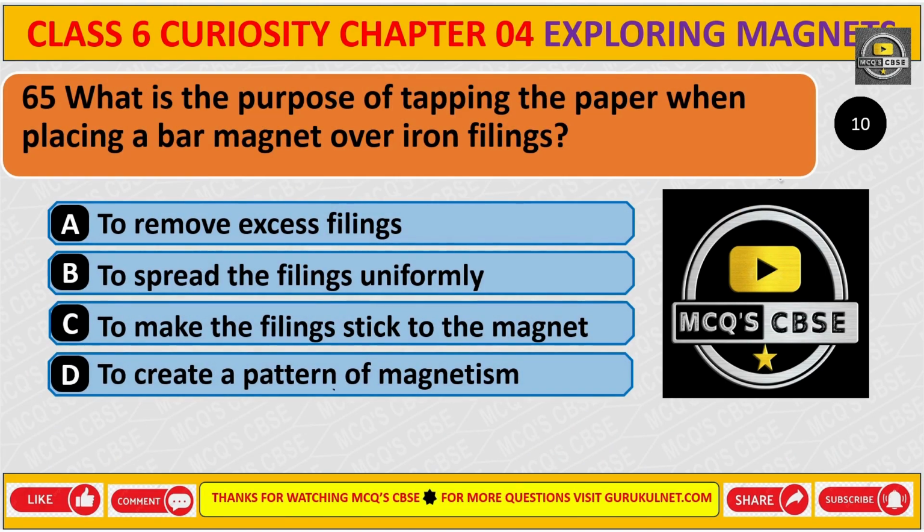What is the purpose of tapping the paper when placing a bar magnet over iron filings? And the correct answer is D, to create a pattern of magnetism.